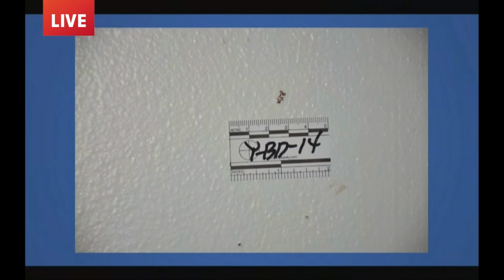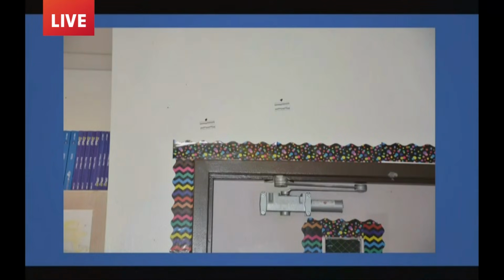It's embedded in the wall right here. And 240. This is going to be a couple of bullet defects that are on top of the door. 241. Another view of those bullet defects with one of our trajectory rods in this one on the left.